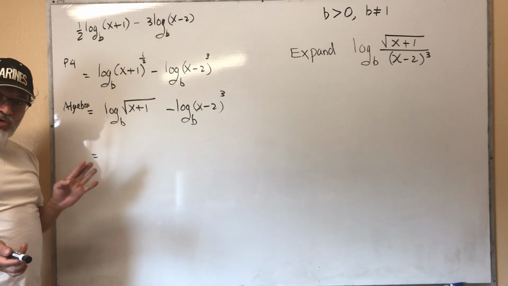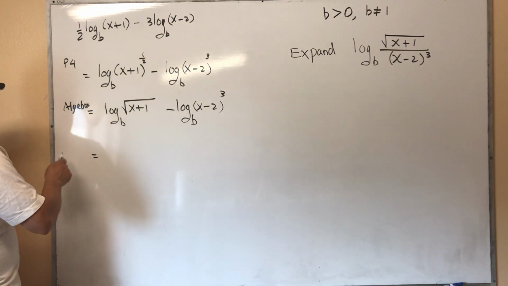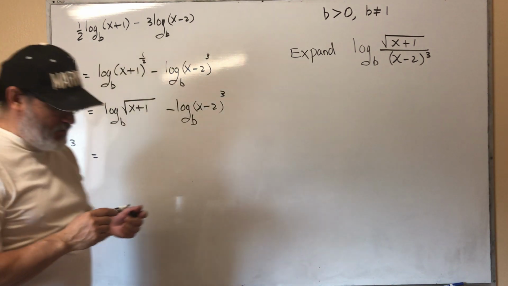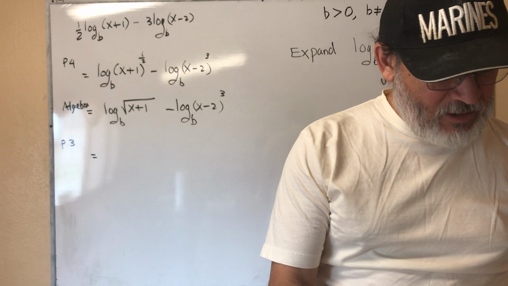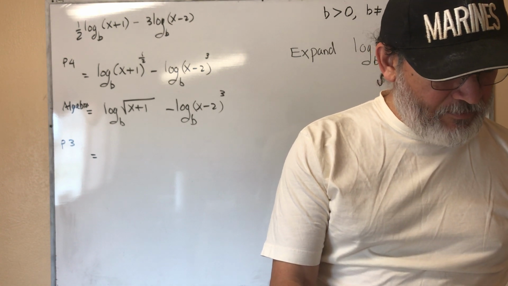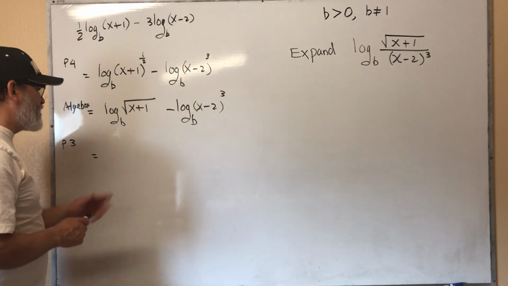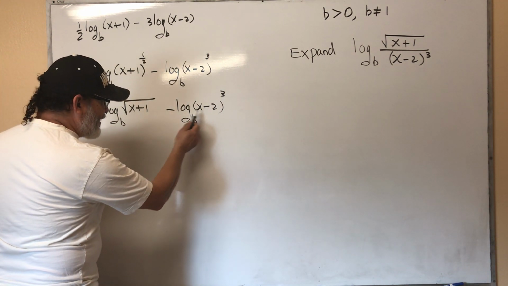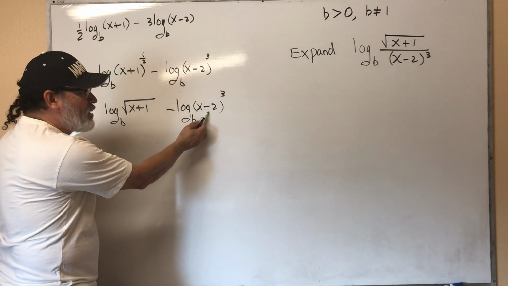By the quotient rule, I think that was property number 3. Let me see. I just want to make sure that I quote them correctly. Yes, by property number 3, the quotient rule, this becomes, remember this is being subtracted, this must be the denominator.